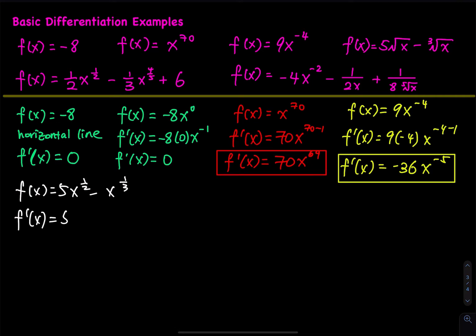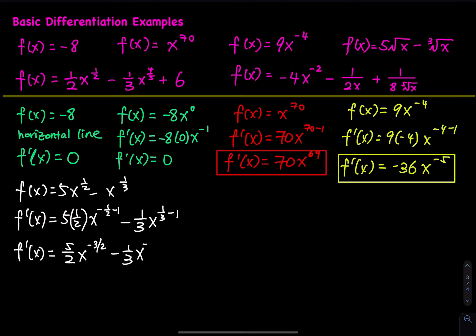You bring the 1/2 down, so 1/2, and then 1/2 minus 1, and then you bring the 1/3 down, and then you take the 1/3 minus 1. So f prime of x is equal to 5/2 x to the -1/2, and then minus 1/3 x to the -2/3. And this is your final answer.